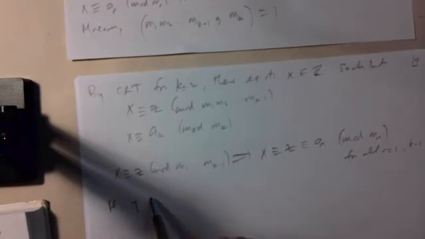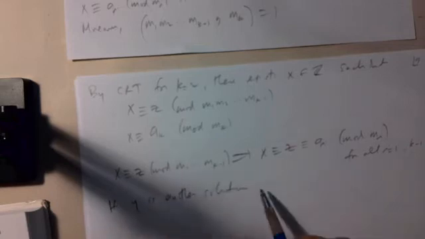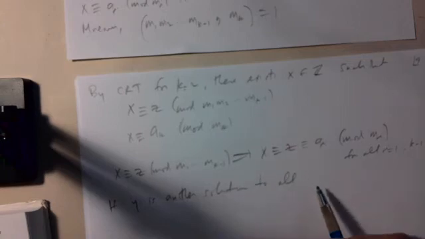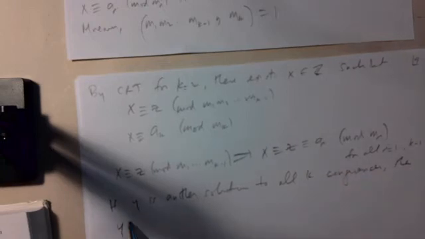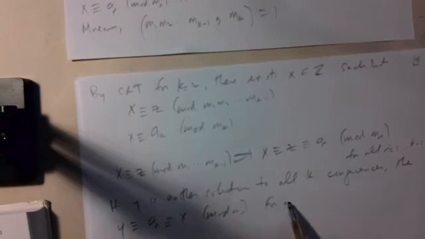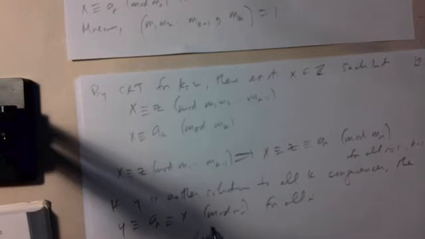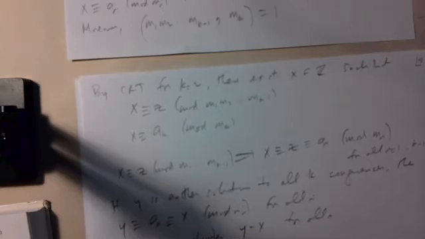And if y is another solution to all of the k congruences, then y is congruent to a_i is congruent to x mod m_i for all i, and so m_i divides y minus x for all i.